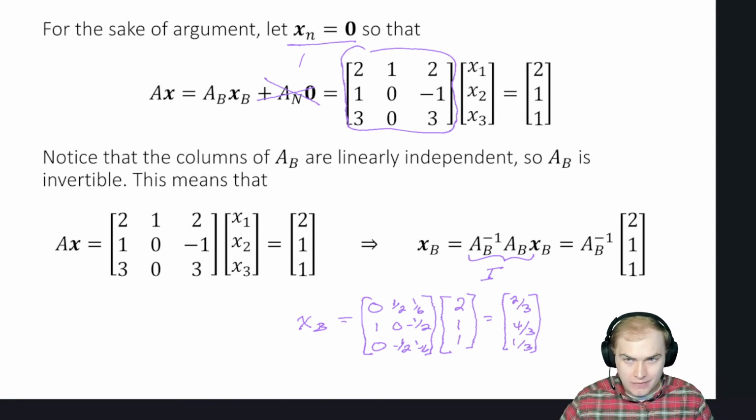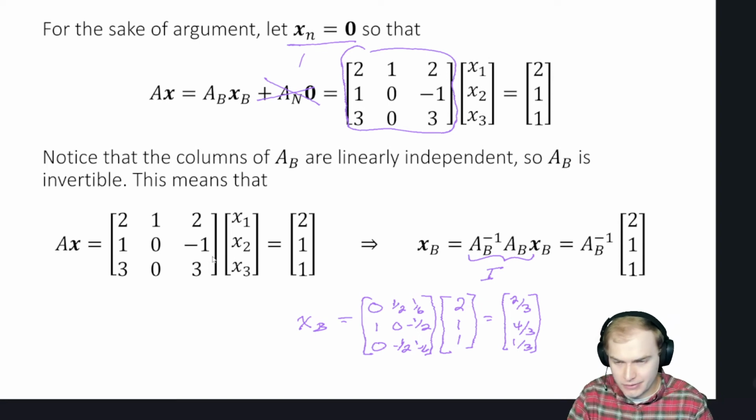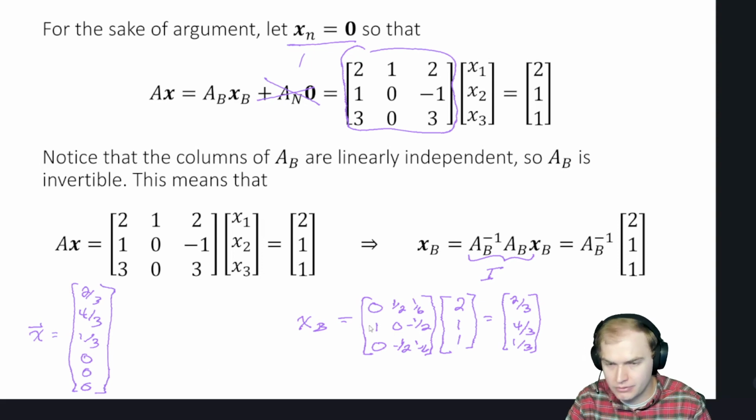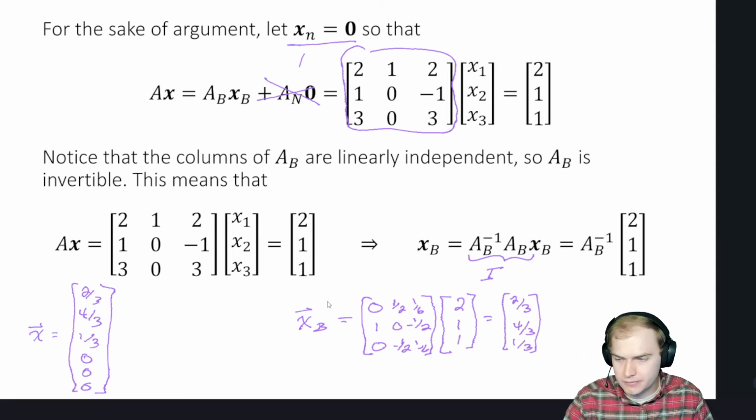So then we have a solution to our system of equations. We have x equals 2/3, 4/3, 1/3, 0, 0, 0. That was our full x vector.